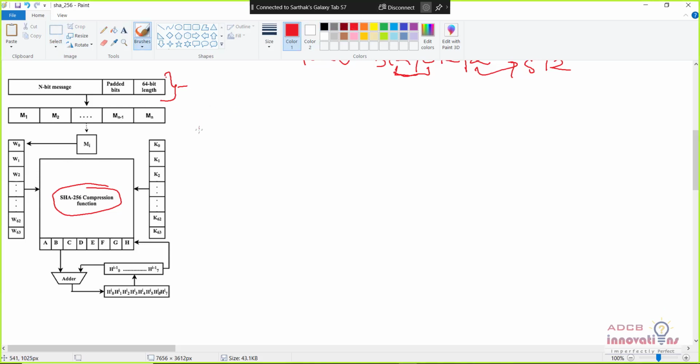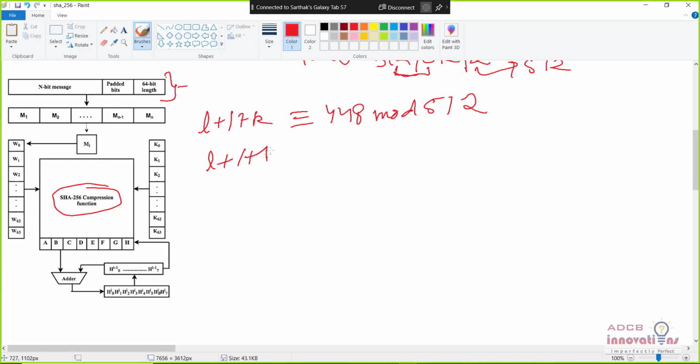The equation is L plus 1 plus K, and we need to make it equivalent to 448 mod 512. So we will equate L plus 1 plus K to 448 to get the value of K, that is the number of zeros. That 1 is the appended bit, a single bit appended to the input.